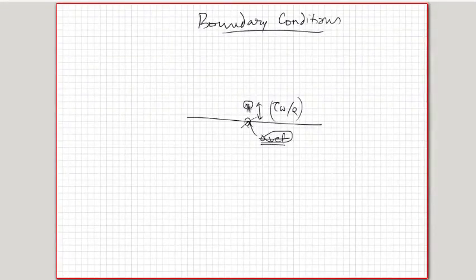In order to do that, you try to keep this in the buffer layer, because we know that the tau wall by rho remains reasonably constant in the near wall region, and after that it goes to 0. So in the laminar sublayer and in the buffer layer this remains reasonably constant.